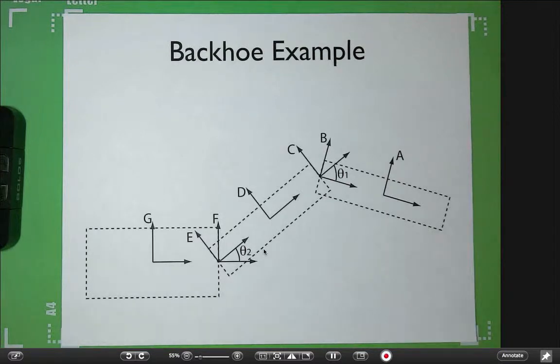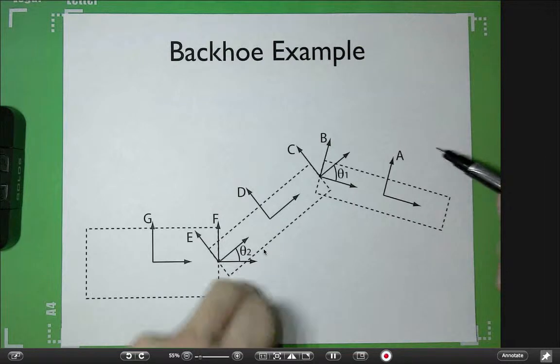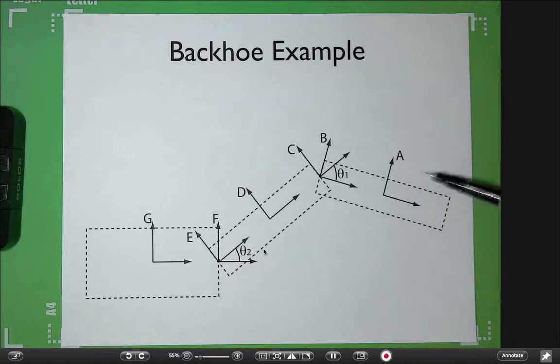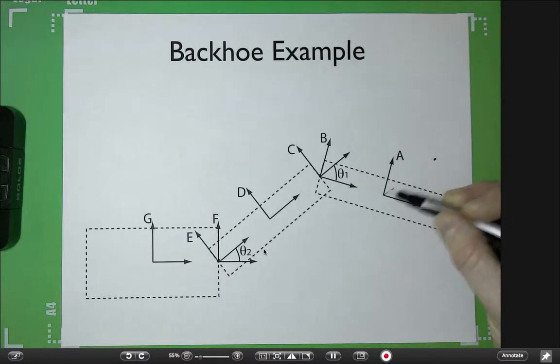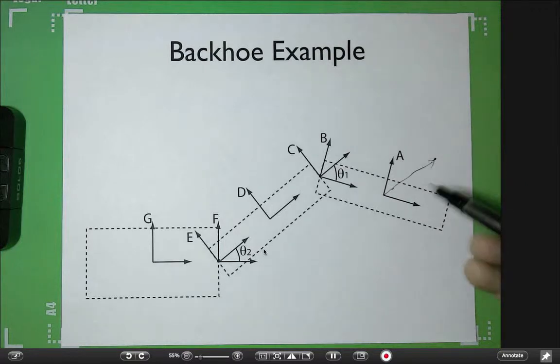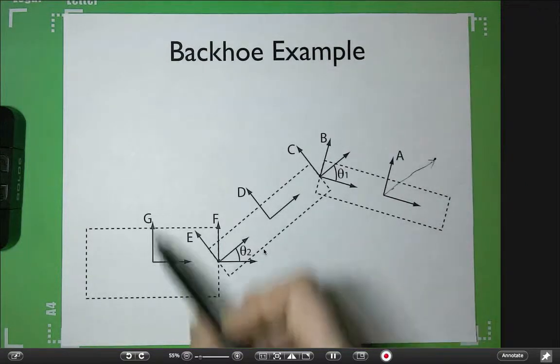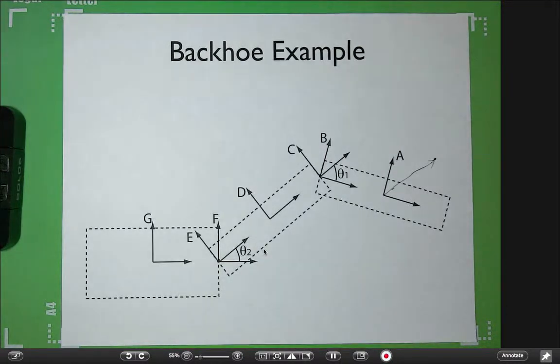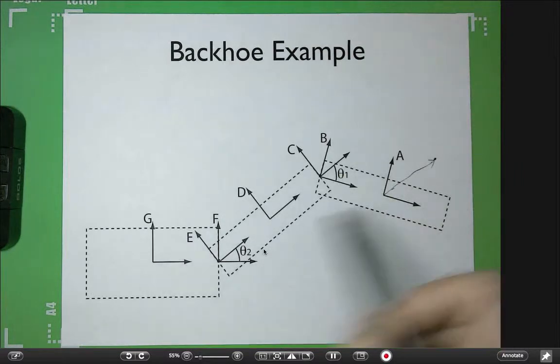Usually you associate the coordinate frame with the last link, and if you had a camera or were expressing some sort of tool space, you would be expressing it with respect to frame A. There would be some point with coordinates measured with respect to frame A, and you would like to figure out in what coordinates with respect to the world or the base coordinate system it is, right? And the way to do it is by walking this chain of transformations.